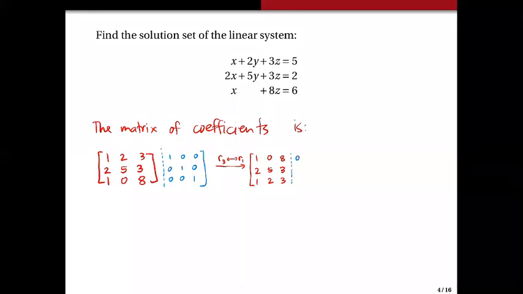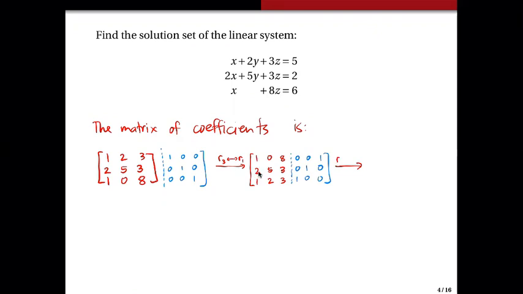We will have here 0, 0, 1, 0, 1, 0, 1, 0, 0. Okay? And then at this point, we use the same elementary row operations as what I have written earlier.